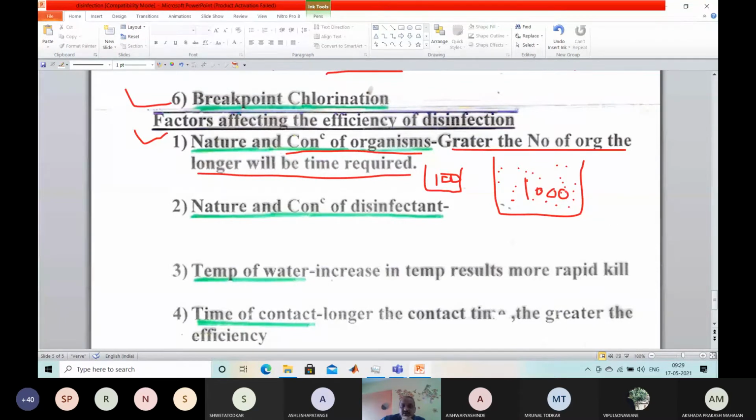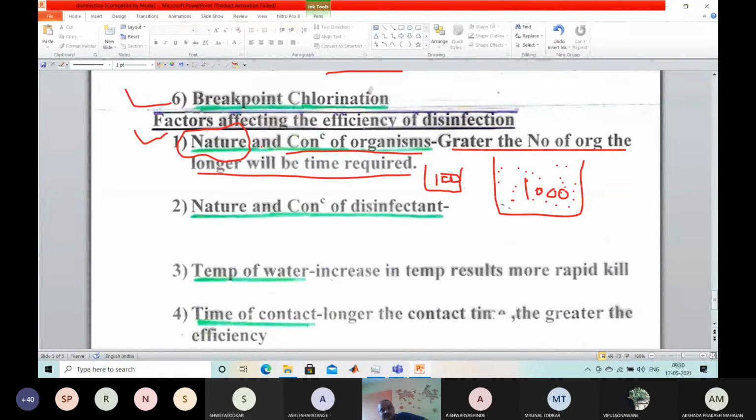Now when you're dealing with the nature, nature means what? Types. For example, adenovirus is there, then cholera, typhoid virus, jaundice virus. So this way, different viruses have their own capability, their own resistivity.